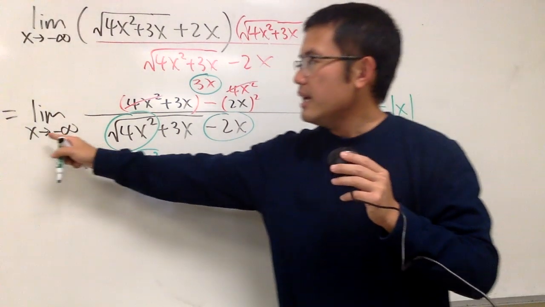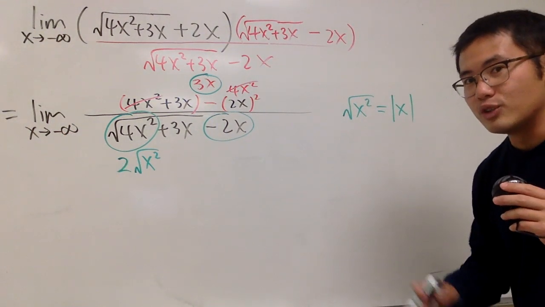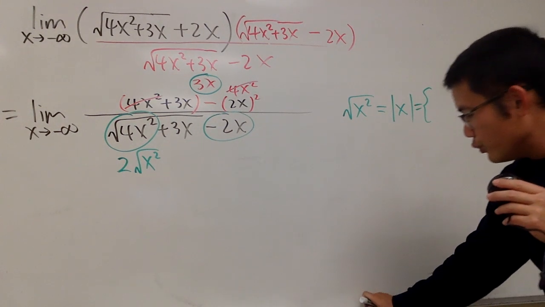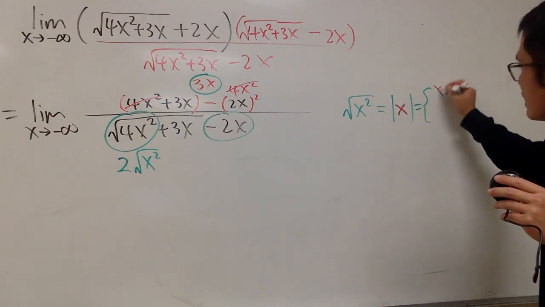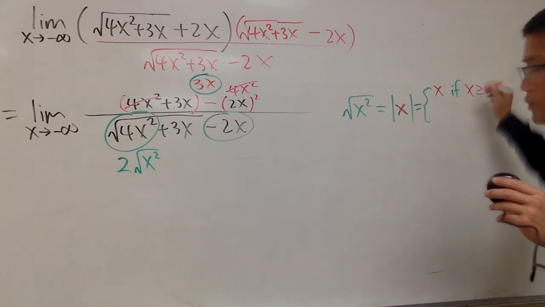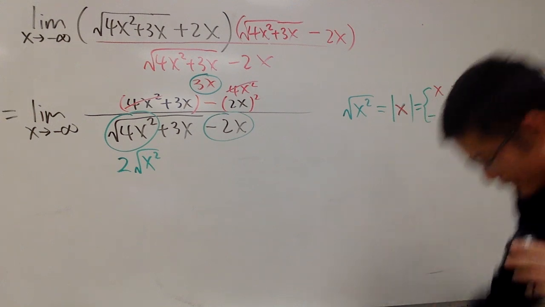So like that, give the absolute value. But notice that x is approaching negative infinity. So you have to remember the piecewise definition for the absolute value of x. This right here, all you do is you maintain x if x is greater than or equal to 0, and you have to negate x.